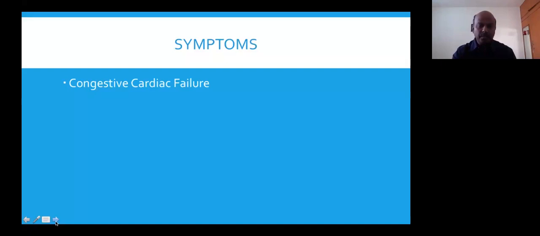But in some, the pulmonary vascular resistance drops drastically after the neonatal period at 2 to 3 weeks of age.